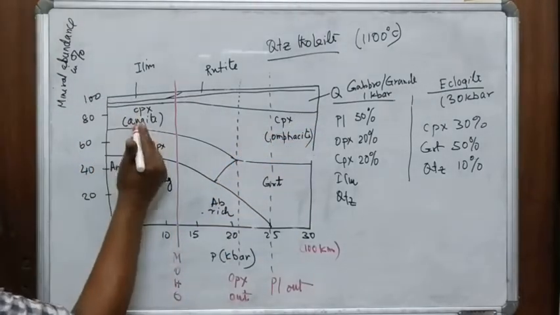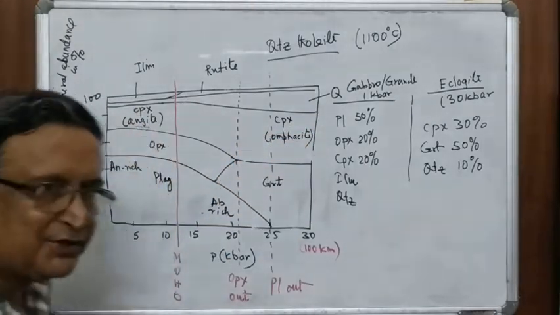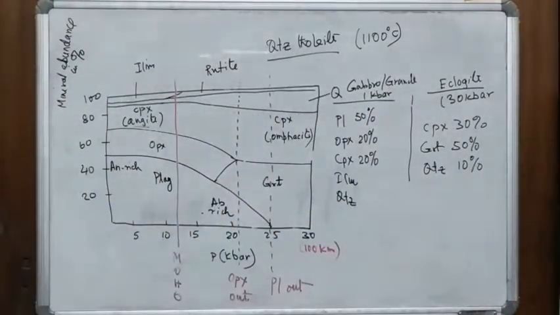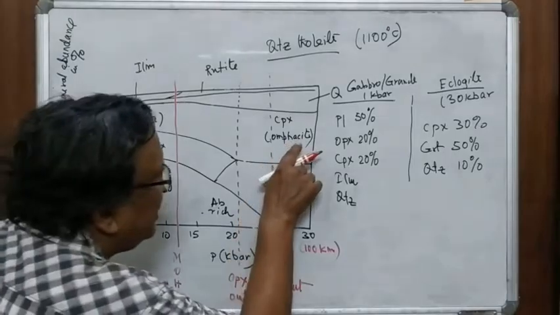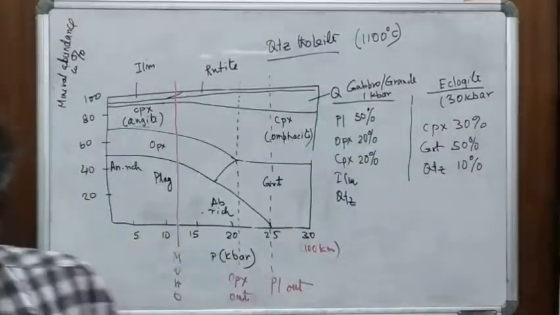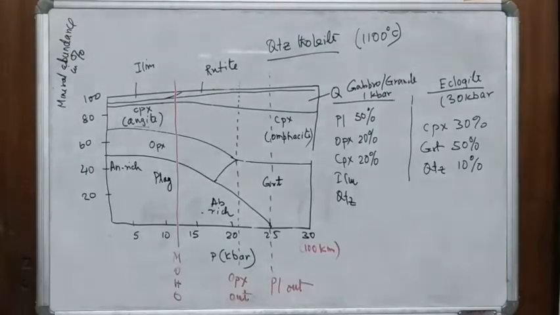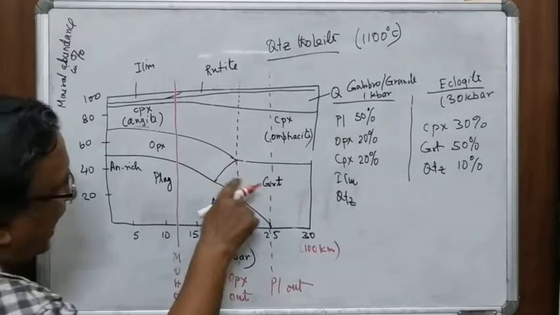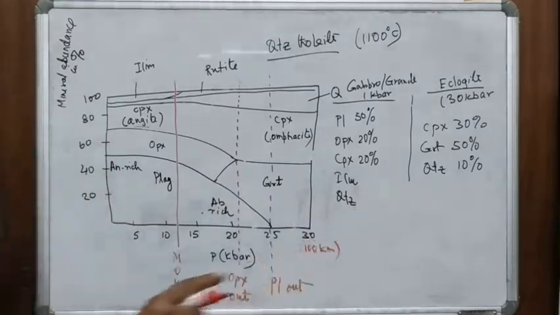This is clinopyroxene, but it is augite in composition, that means CaMgSi2O6. But when you are here, it is omphacite in composition, that means sodic clinopyroxene. Orthopyroxene is stable till here, and after that you have garnet.